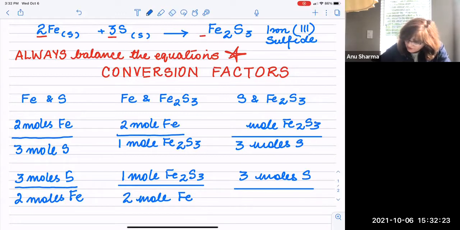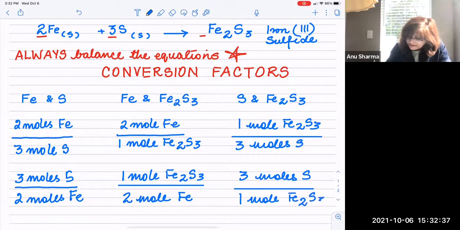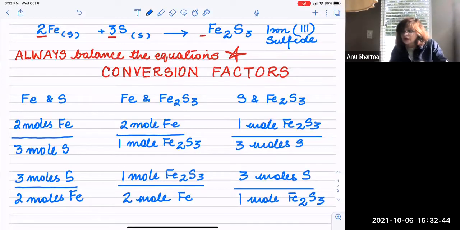This is 1 mole of Fe2S3 is produced when 3 moles of sulfur are reacting, and 3 moles of sulfur react to produce 1 mole of Fe2S3. All right, so these are the different conversion factors which can be used to find unknown quantities. So how do we use these conversion factors in the problem?